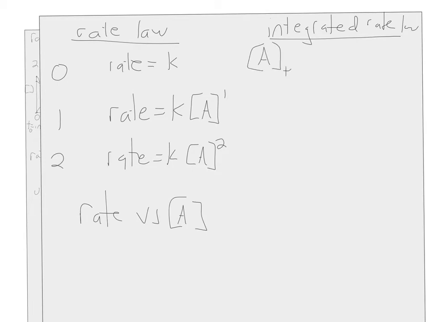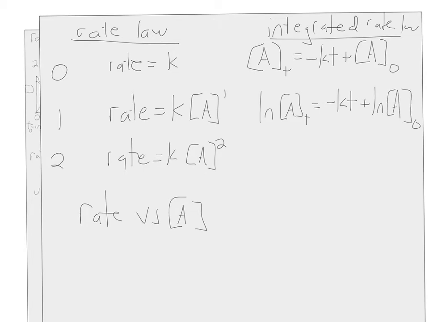So the concentration equals negative kT plus the initial concentration. That's for a zero order rate law. A first order will integrate into a natural log of the concentration at any given time equals negative kT plus natural log of the initial concentration.